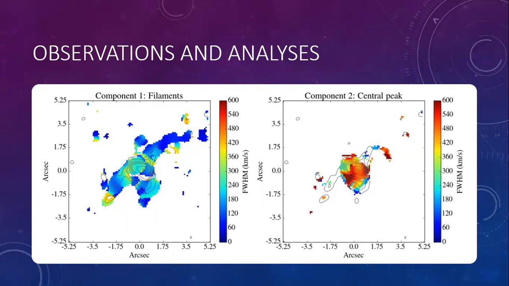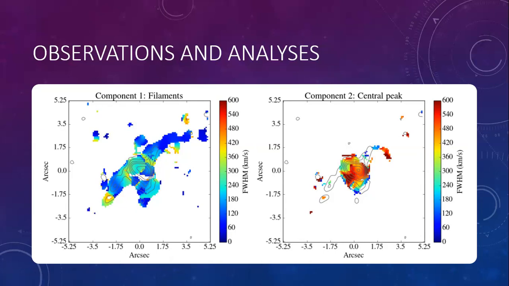Moreover, analysis on the velocity dimensions shows that the velocity gradients across the nucleus appear to lie perpendicular to the velocity gradients along the northwest to southeast filaments.